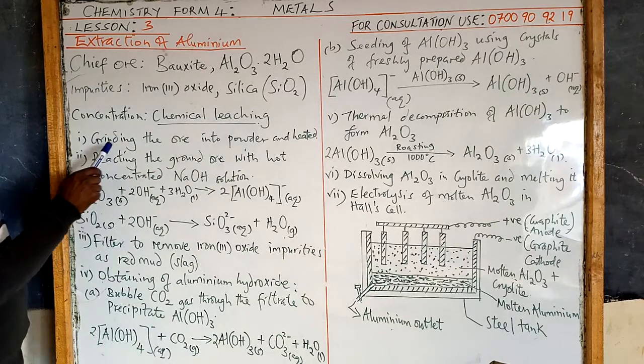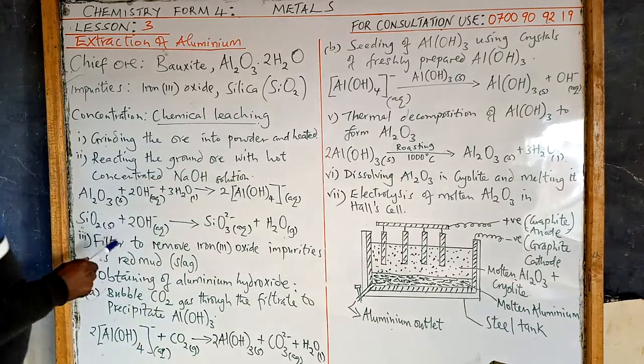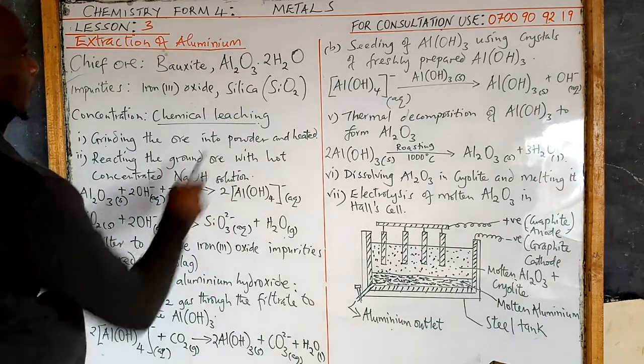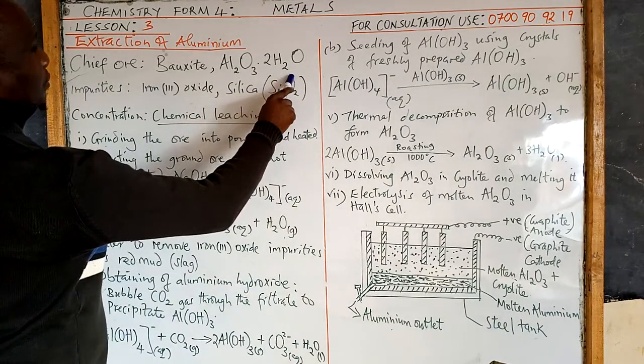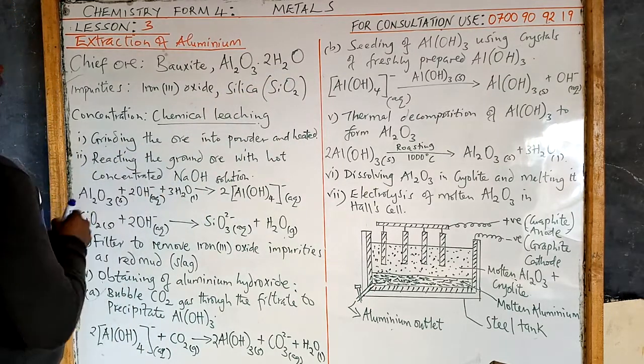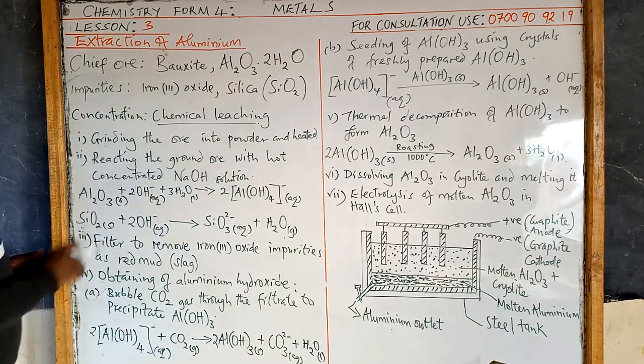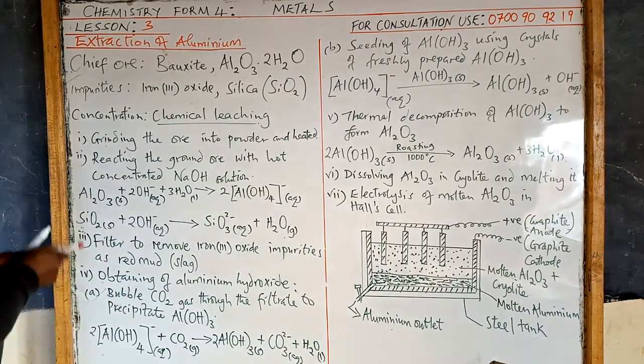So the ore is first ground into powder and then heated. By heating, the water is lost. So it's just like writing this equation. By heating, you will have the aluminium oxide. We use another ink.